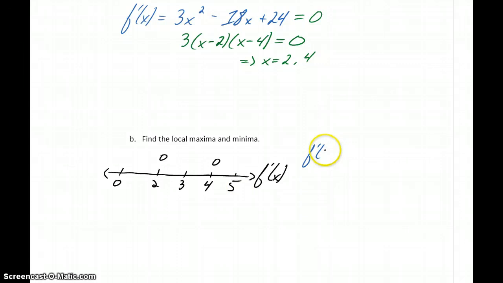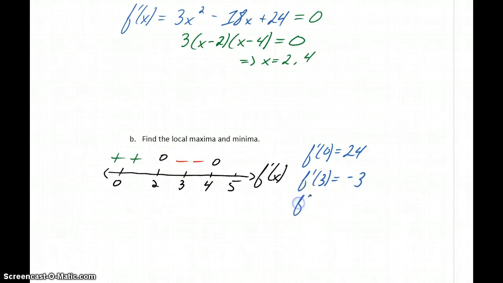So we would evaluate our derivative function at 0, which would give us positive 24. Evaluate our derivative function at 3, which will give us negative 3. And evaluate our derivative function at 5, which will give us positive 9.